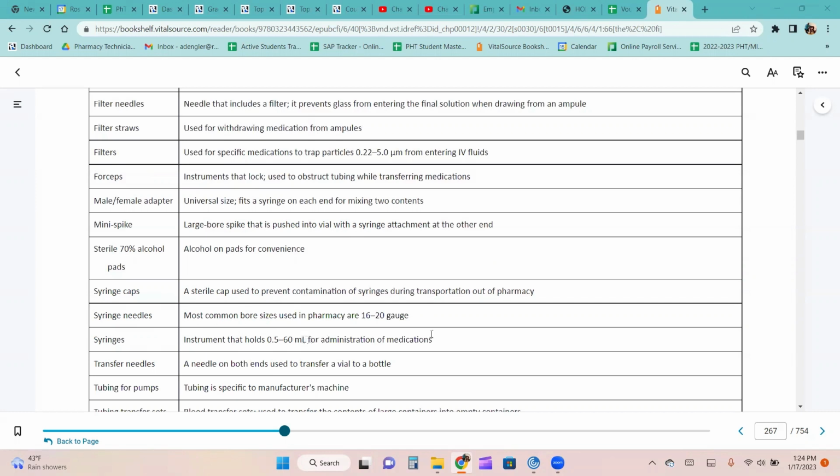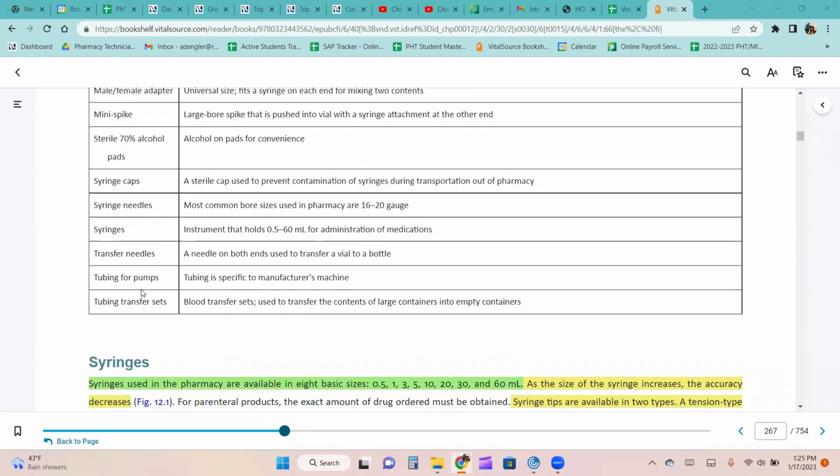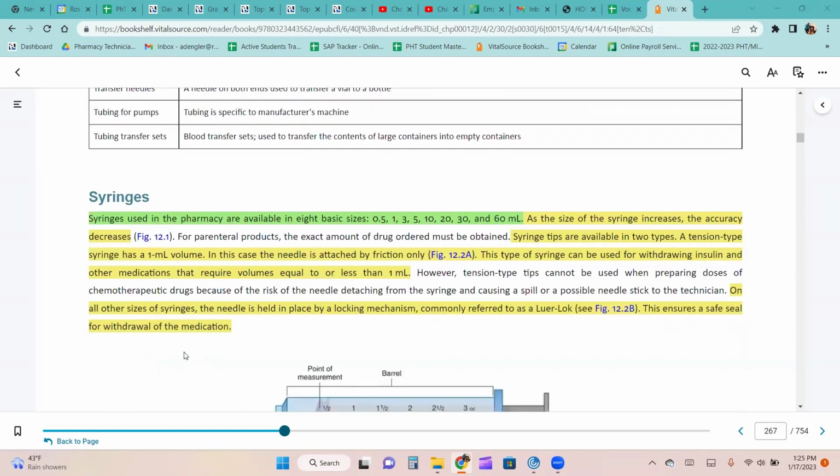Syringe needles, most common bore sizes used in pharmacy are 16 to 20 gauge. Syringes, instruments that hold 0.5 to 60 ml for administration of medications. Transfer needles, a needle on both ends used to transfer a vial to a bottle. Tubing for pumps. Tubing is specific to the manufacturer's machine. Tubing transfer sets, blood transfer sets used to transfer the contents of large containers into empty containers.